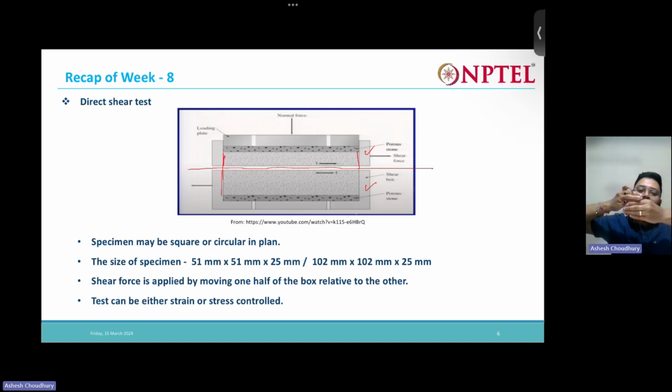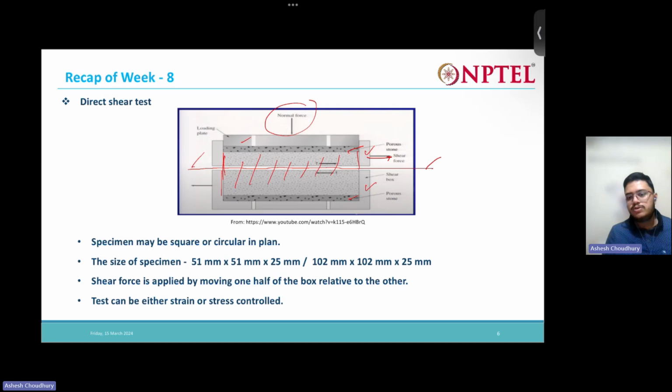shear the soil. There is some relative horizontal movement between the upper half and the lower half of the shear box. Due to that, there is some shearing in this predefined failure plane. The soil is there, we have the loading plate here, we have porous stones here and here, and we apply some shear force, and there is a normal force also.